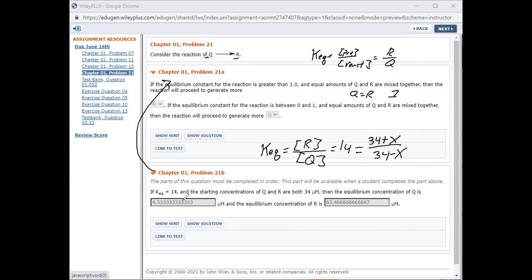If KEQ is 14, then the final concentration of Q will be 4.53, and R will be 63.5.